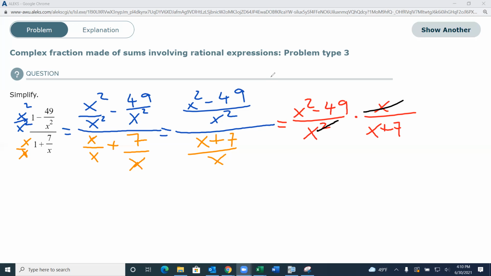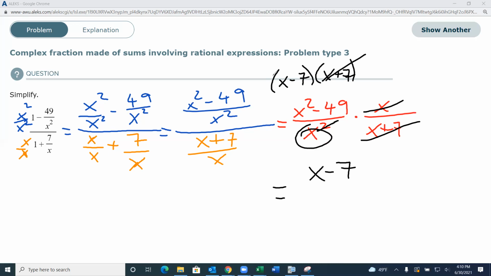And notice that x squared minus 49, that's the difference of squares. That's just x minus 7, x plus 7. That's what that guy is. So I can cancel the x plus 7s. And all I'm left with is the x minus 7 on top and that 1x on the bottom. And this little piggy has been put to bed.